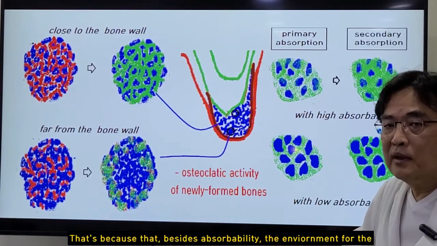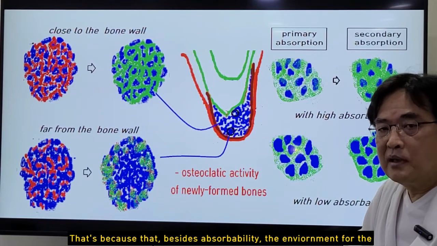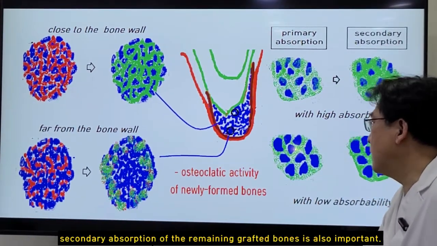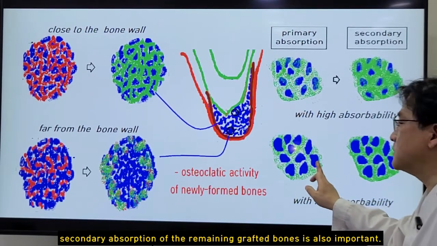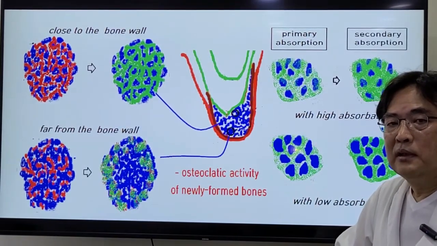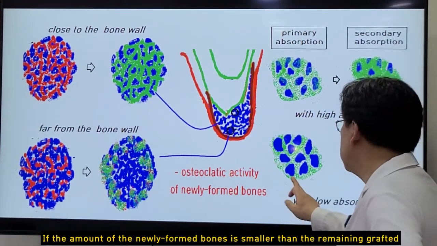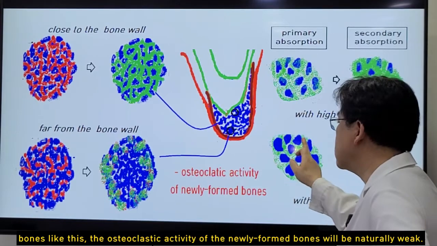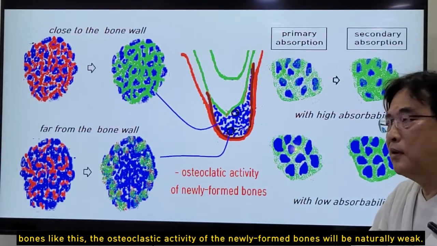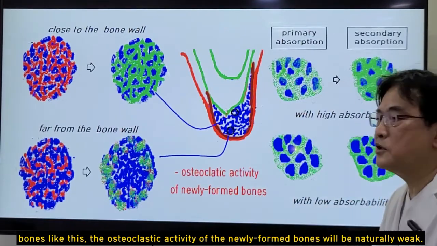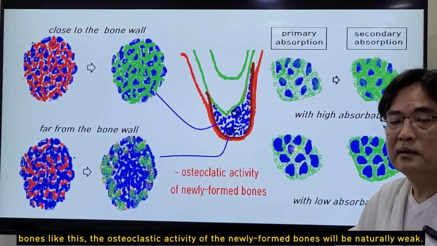That's because besides the absorbability, the environment for the second absorption of the remaining grafted bones is also important. If the amount of newly formed bone is smaller than the remaining grafted bones like this, the osteoclastic activity of newly formed bone is naturally weak.